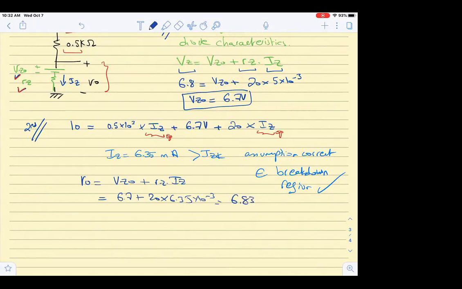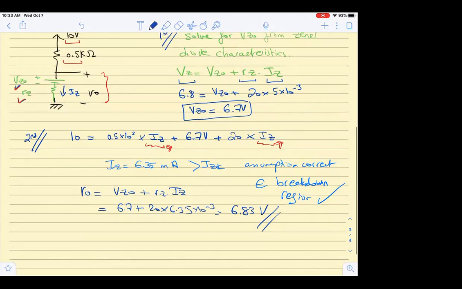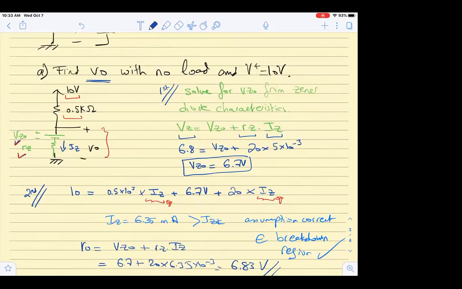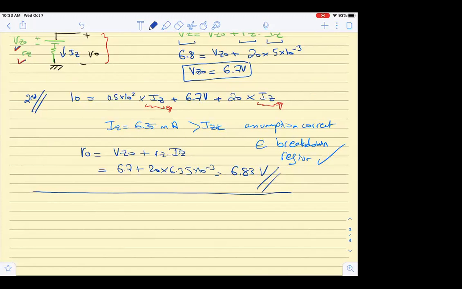Okay, so therefore we solve for it in the context of being subject to this specific supply and circuit. Okay, clear? So now we know how to solve for the Zener voltage when we have no load and we do not have any fluctuations in the supply. Okay, now part B.